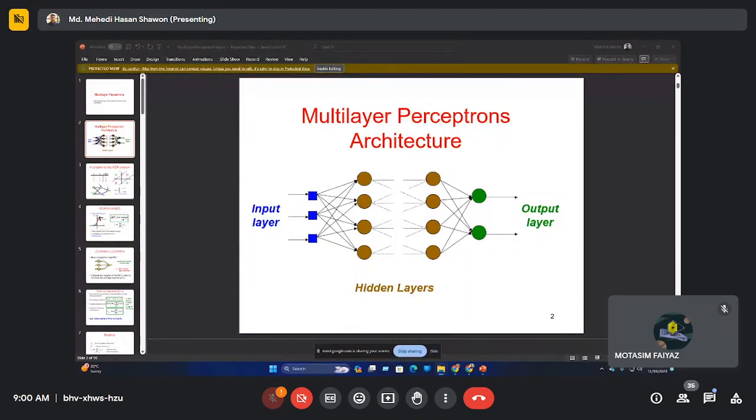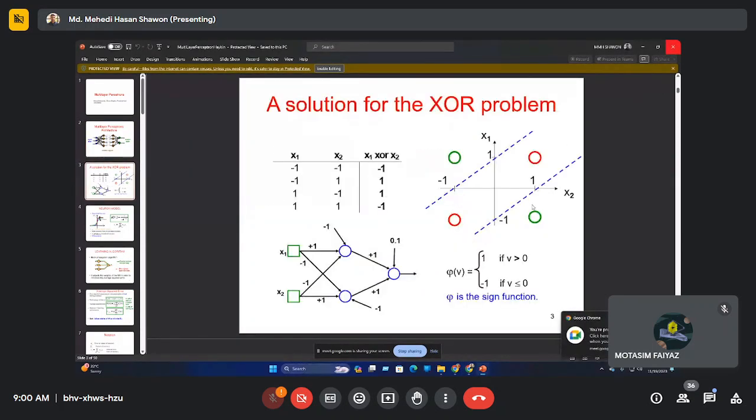Why do we need this multi-layer perceptron model, anyone? Sir, to manage multiple inputs. Very good. If we apply input and output layers like we did in the previous slide, it will produce one straight line.